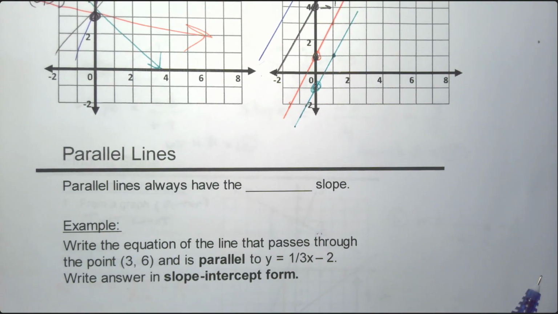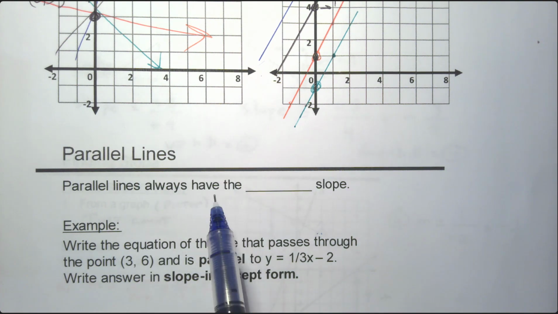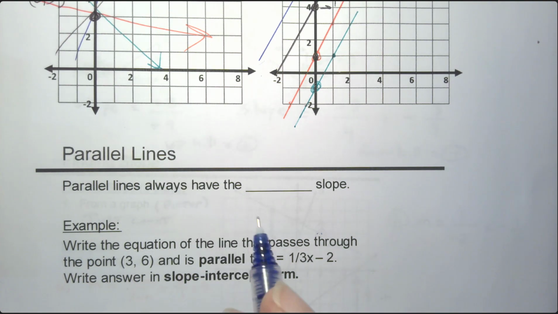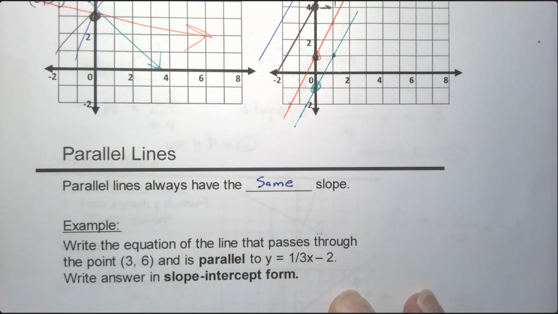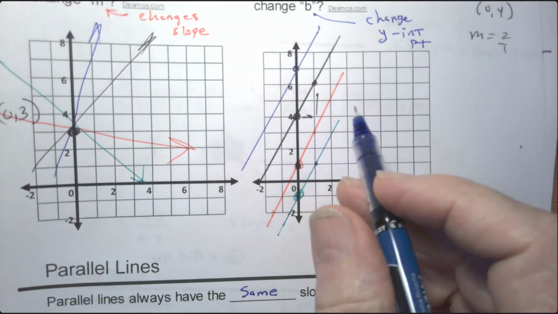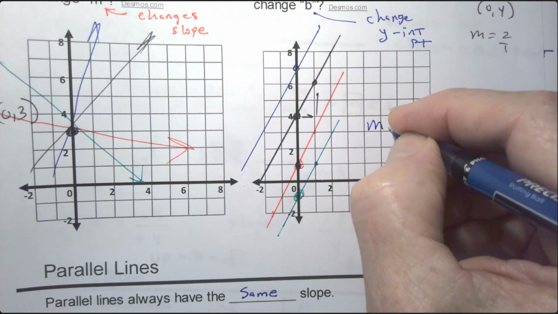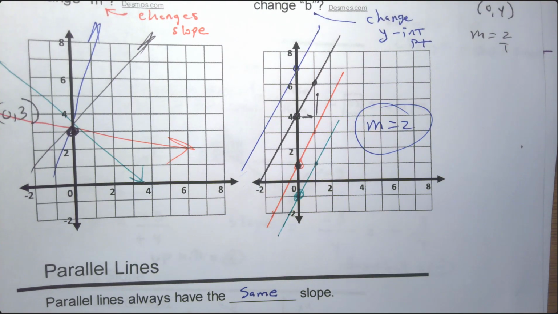Now, when you have parallel lines, it means parallel lines are always going to have the same slope. All of these lines, the slope equals 2. Every line that's parallel. Now, the slope might be different. It might be -1/4. Go down 1/4.